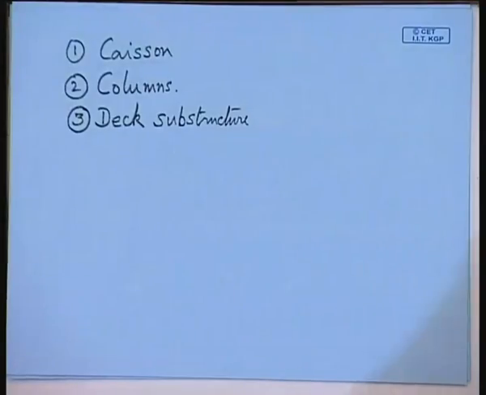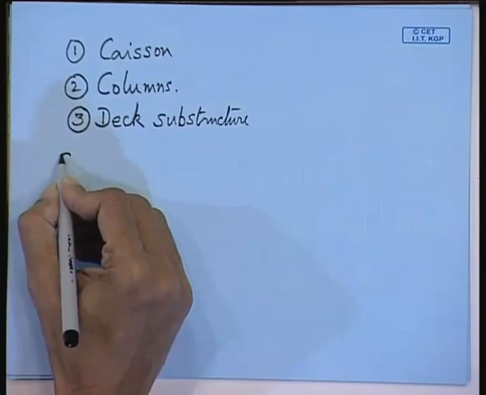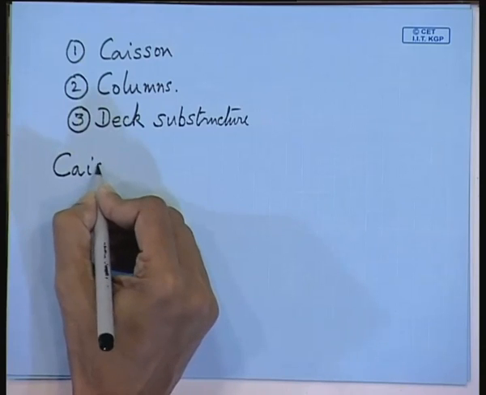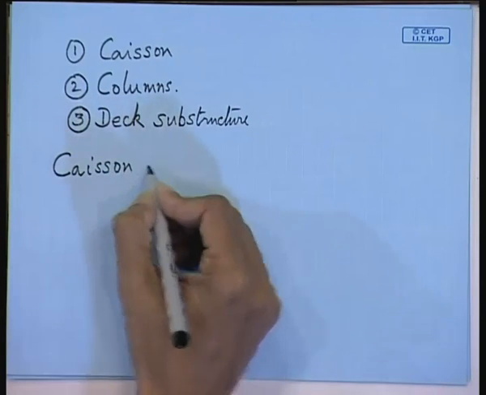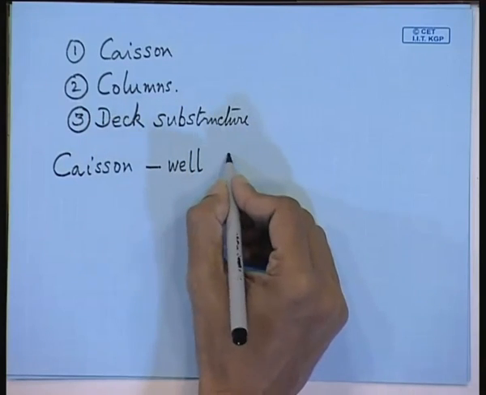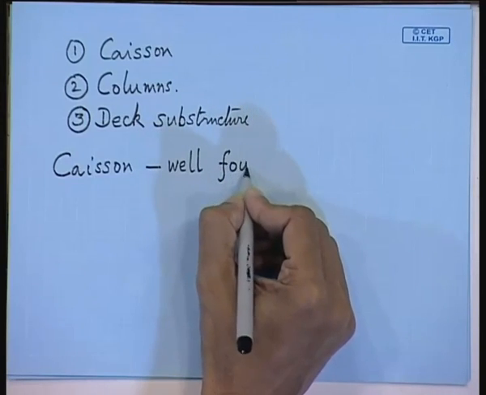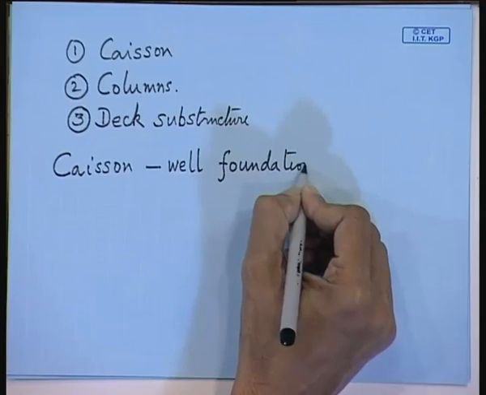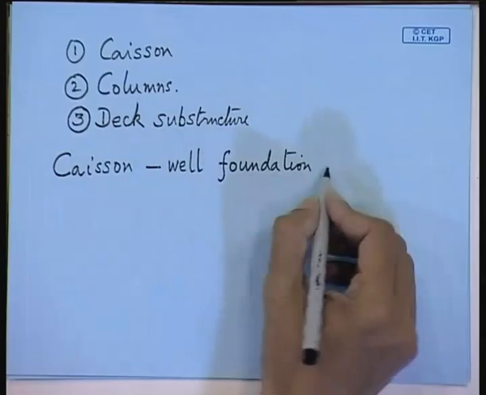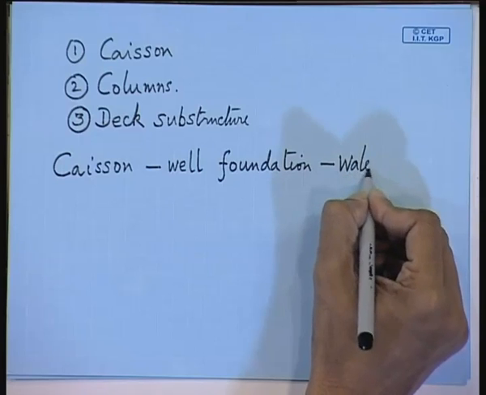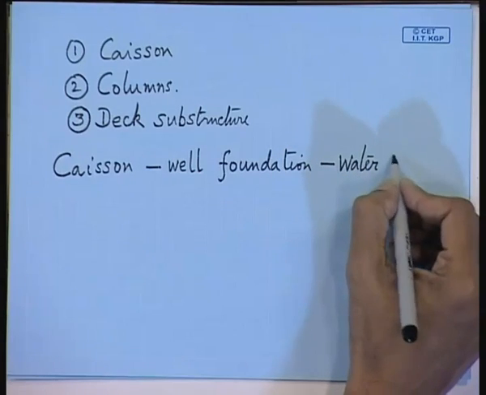Now after this, this caisson that is built is called a well foundation. Caisson is the well foundation. Now this is made watertight. There are various types of well foundation you come across.